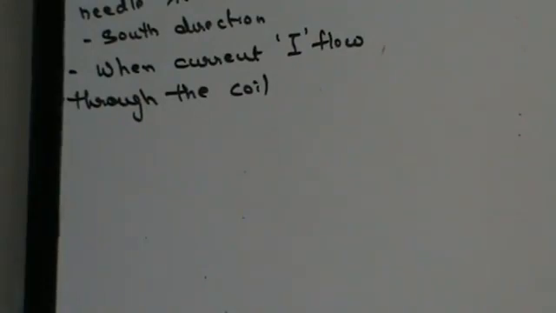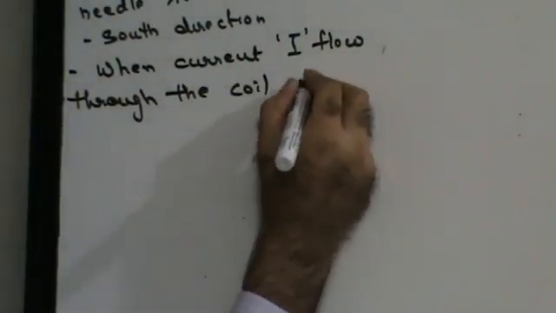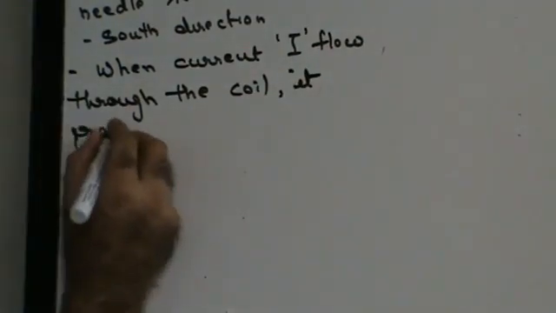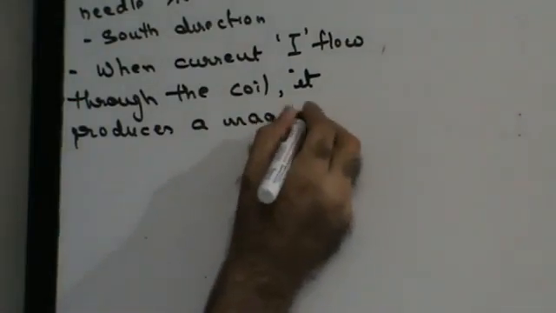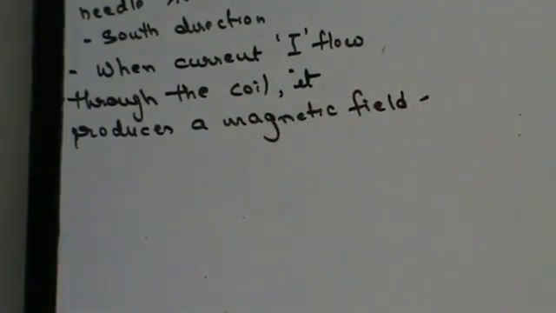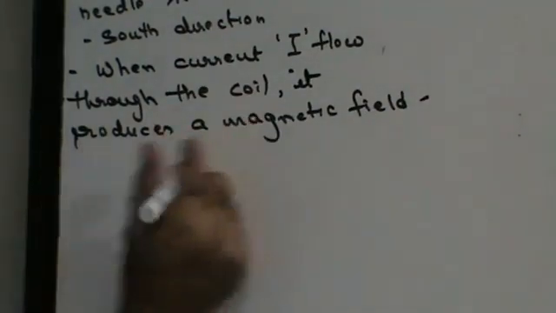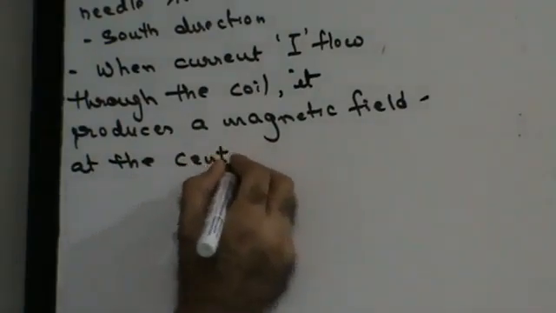When current flows through the coil, it will produce a magnetic field at the center of the coil because it's a circular coil.